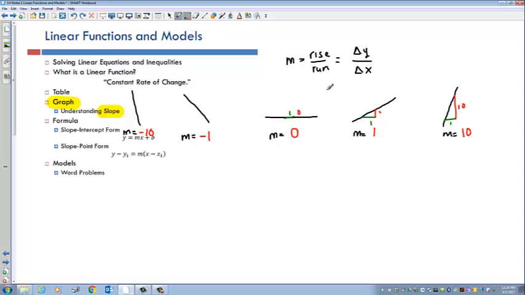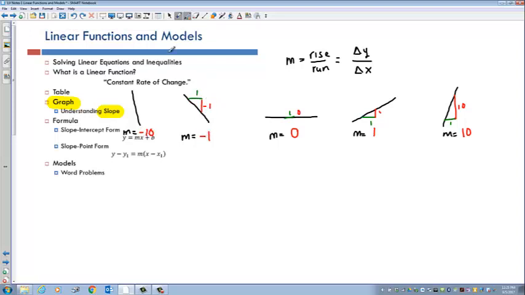And how about -1? This is even a little bit more neat, I think, because if the slope is -1, then if you go over 1, you don't go up, you go down 1, which again, intuitively makes sense. That's why it's -1. You go over 1, you go down 1.